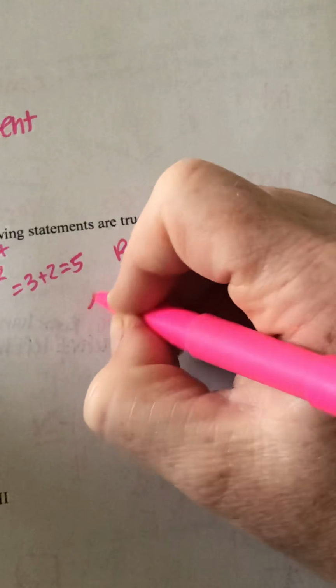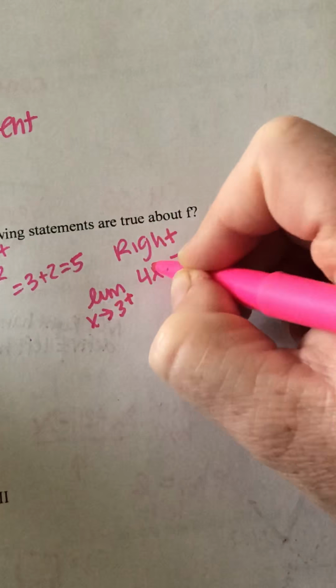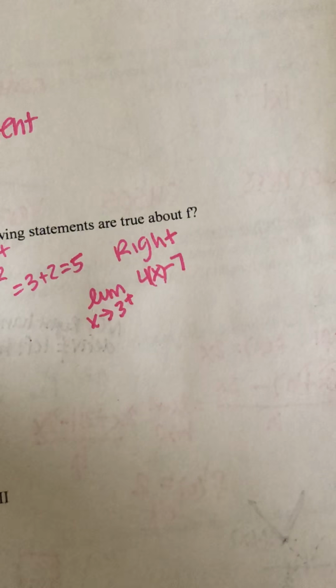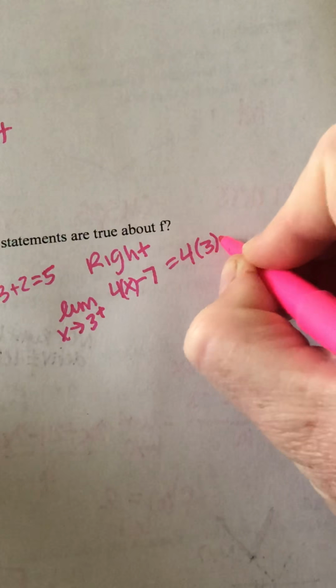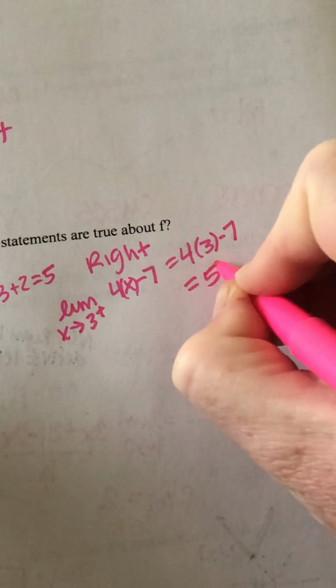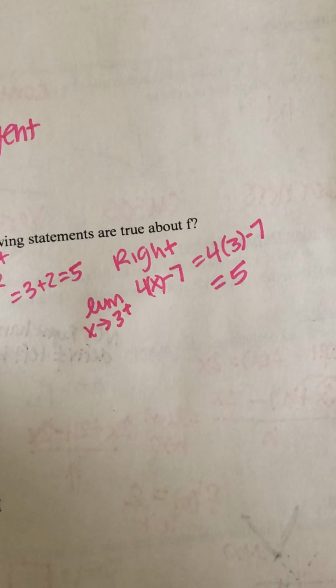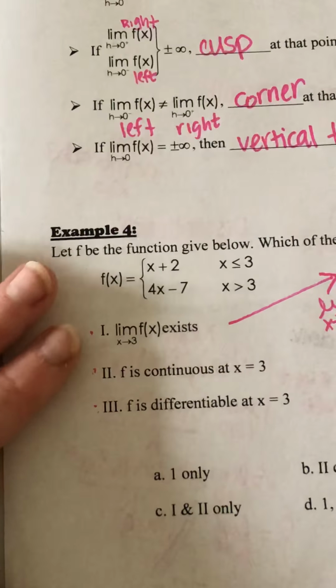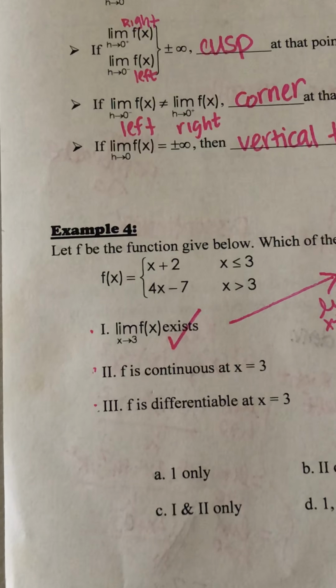If you take that limit as x approaches 3 from the positive side, we're still plugging in 3 for x. So that's 4 times 3 minus 7, and that equals 5. So our left and right hand limits are the same. They're 5, and they exist. So check there, that's true.